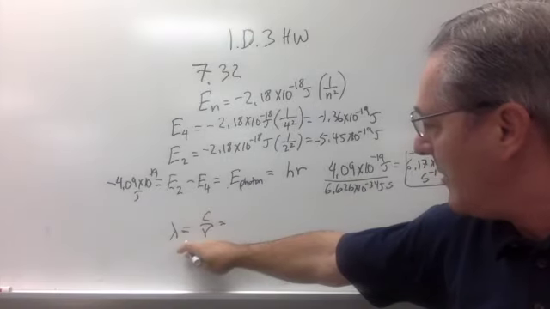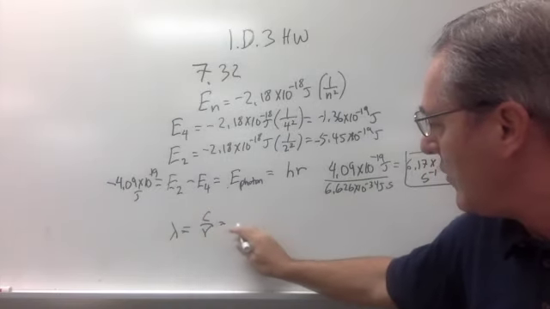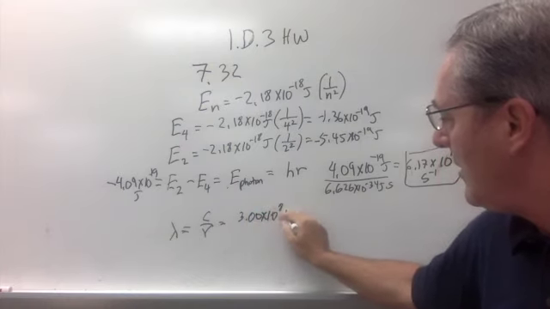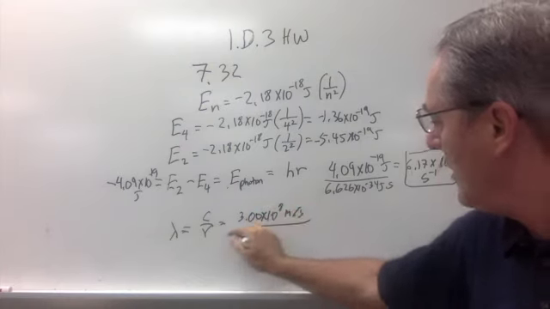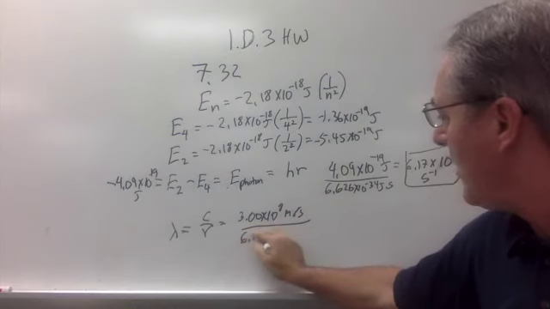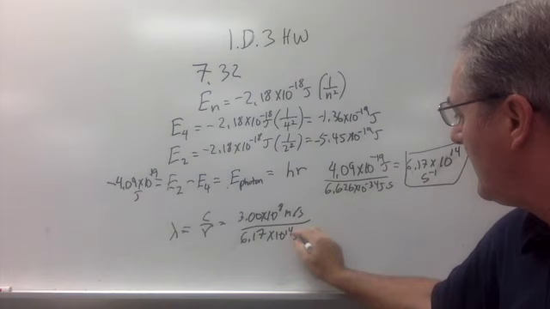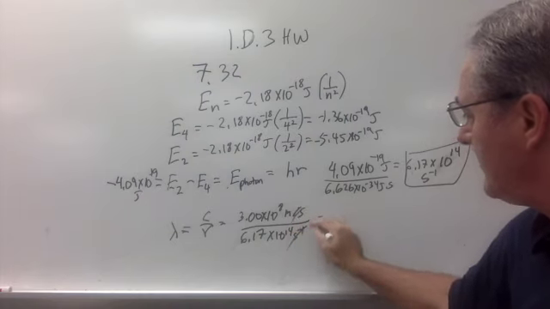Rearranging c equals lambda nu, the wavelength is going to be c over nu, or 3 times 10 to the 8th meters per second over 6.17 times 10 to the 14th seconds to the minus 1.